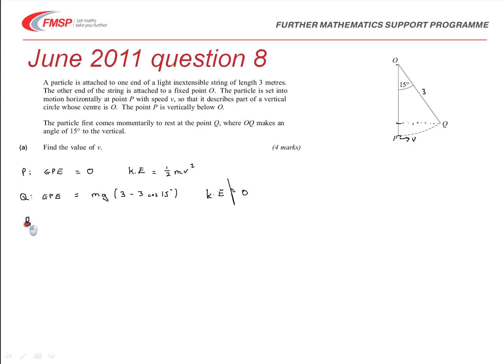So we can then say by conservation of energy, the energies at P must equal the energies at Q. So a half m v squared must equal, well, we can take that factor of 3 out of there and get 3 mg (1 minus cos 15 degrees).